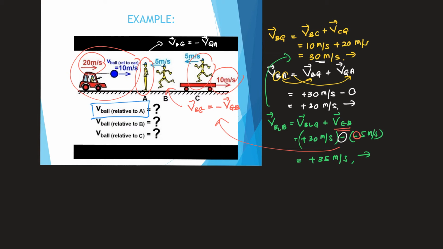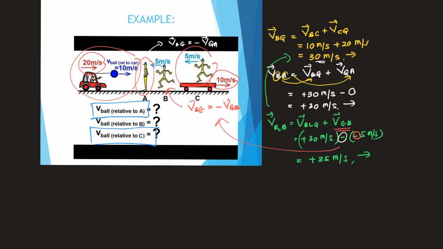Okay, so now we are going to solve the equation for the velocity of the ball relative to C. As I mentioned before, make sure that you first find the velocity of the person relative to the ground. So right now we have this one person moving to the left, and this person is running on the trolley that is moving to the right at 10 meters per second.